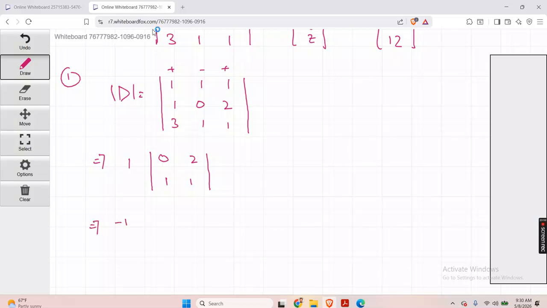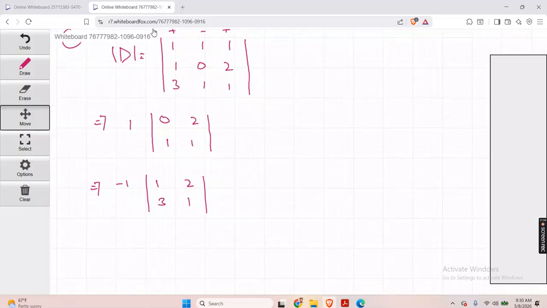Then for the second one, -1 and 2, first row, second column, so 1 2, 3 1 left. And then the last one is also 1, third column, first row, so we have 1 0, 3 1 left.